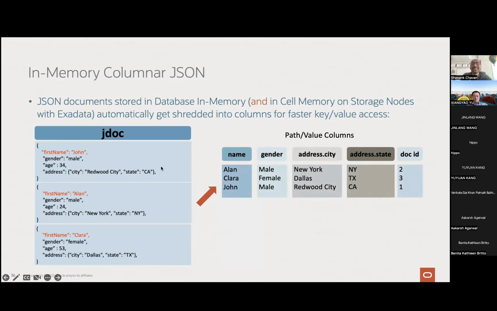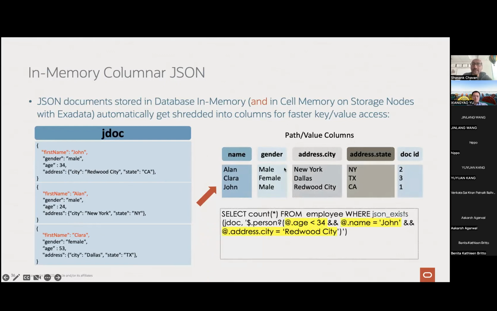And so now when you want to run a JSON query that's looking at age less than 34 and name equal to John and address city equal to Redwood City, these now become very fast SIMD vectorized scans on essentially relational columns. Okay, so this is how we make JSON faster.